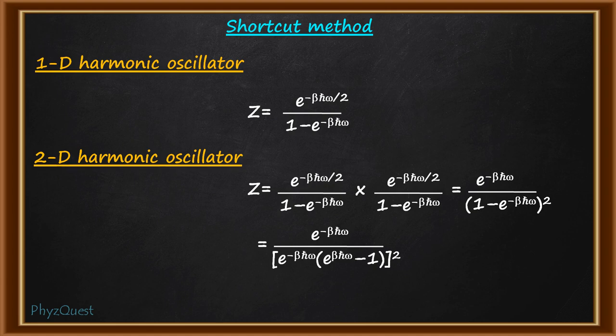So now after taking this term out of the square bracket, this will be equal to e to the power minus beta h cross omega divided by e to the power minus 2 beta h cross omega into (e to the power beta h cross omega minus 1) whole square.